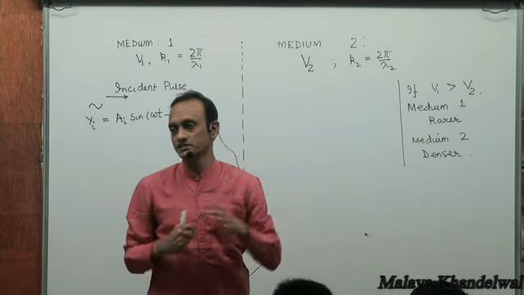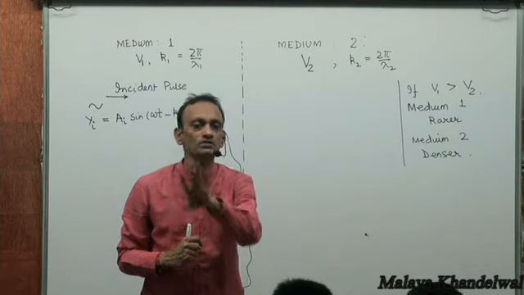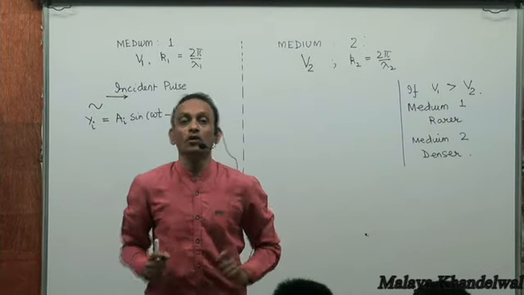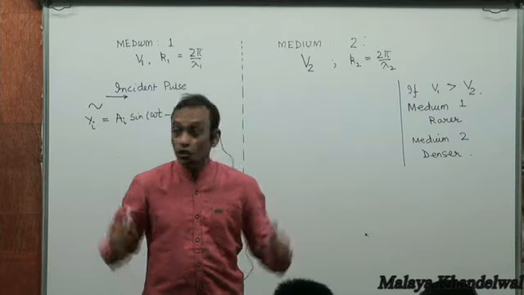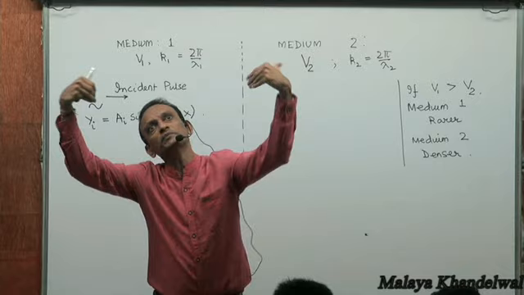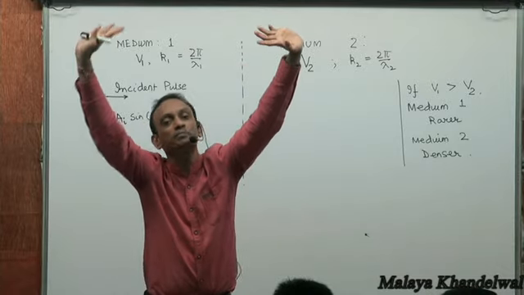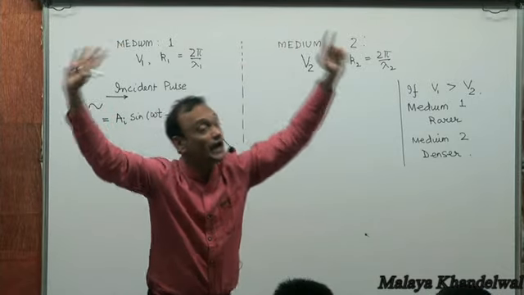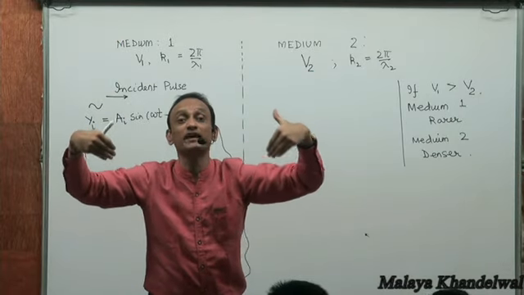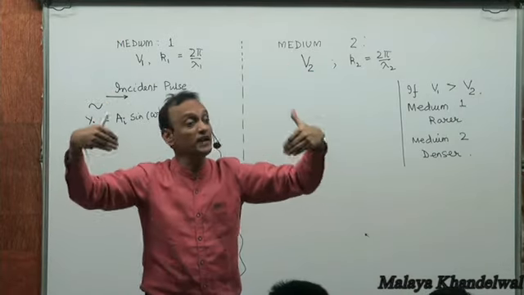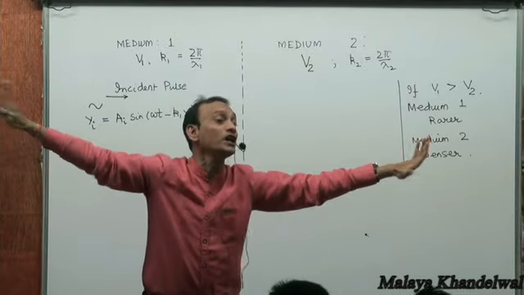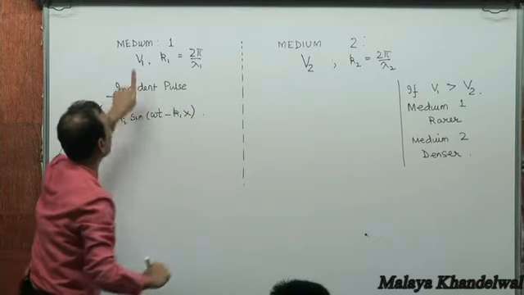Transmitted or reflected, the frequency of the wave will not change. Frequency is something very fundamental, right? What came from the source is adopted by the wave as its frequency. On reflection or refraction, transmission, the frequency of a wave will not change. That means omega will remain the same.